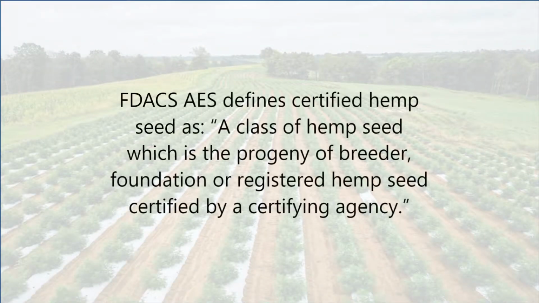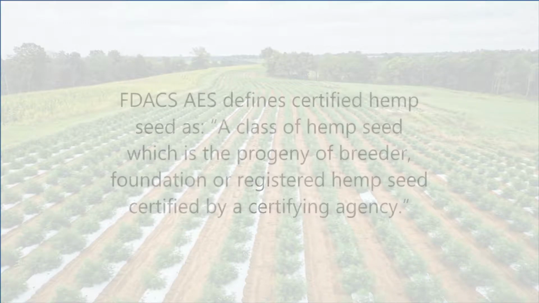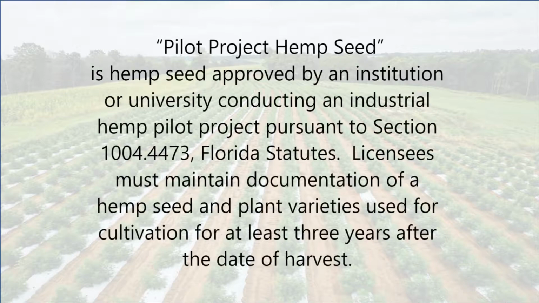Certified hemp seed is defined by FDACS Division of Agricultural Environmental Services, or FDACS AES, as a class of hemp seed, which is the progeny of breeder, foundation, or registered hemp seed certified by a certifying agency. Pilot project hemp seed is hemp seed approved by an institution or university conducting an industrial hemp pilot project pursuant to Section 1004.4473 Florida Statutes.